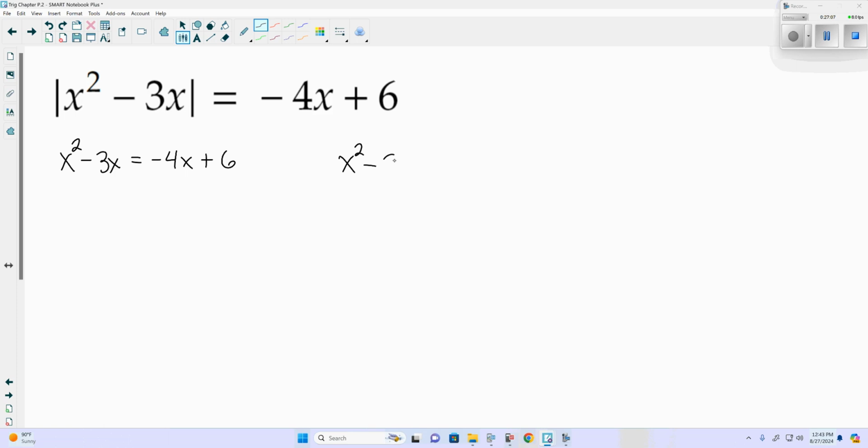And the x squared minus 3x is also equal to the negative case of the other side. So we're not just switching one term, we're switching the whole expression, because what's inside the absolute value can equal the positive of the other side or the negative of the other side. We're used to it being a single number, but we can have an expression.